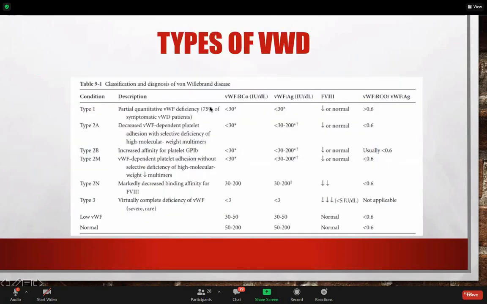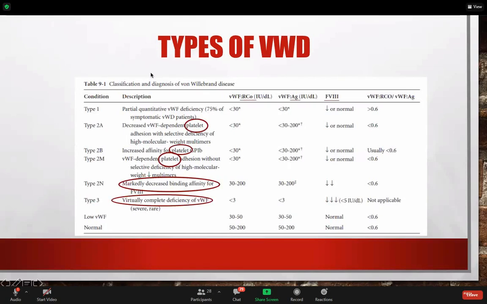Okay, so those are the types of von Willebrand. A lot of classification. We don't expect you to know them all, but let's look at the tables and what's the striking feature in the table, okay?